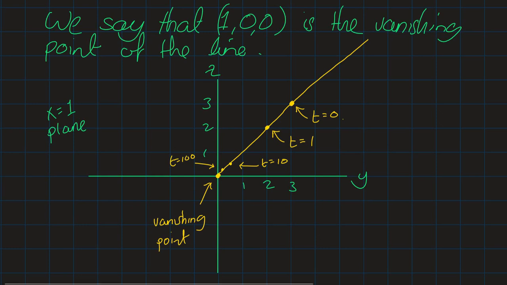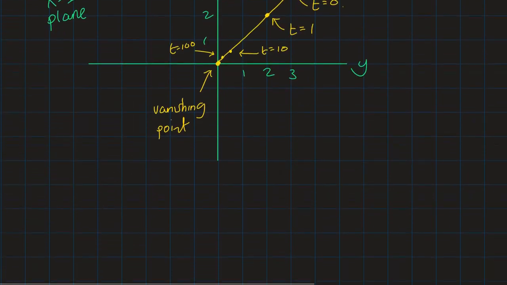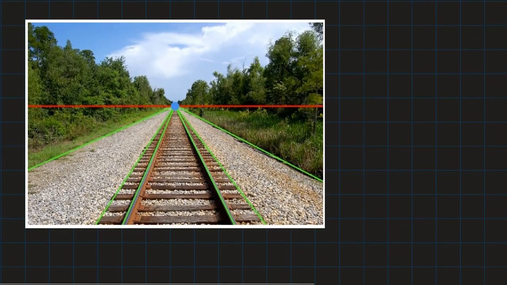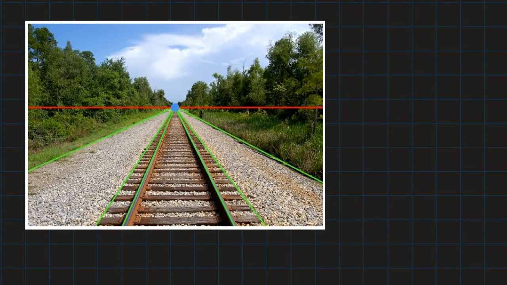So we can see some examples of this happening in real life. Because central projection is the type of projection which most closely replicates what we see with our eyes and what a camera does when it takes a picture, this phenomenon is readily seen in the real world. For example, here's a picture of some train tracks.